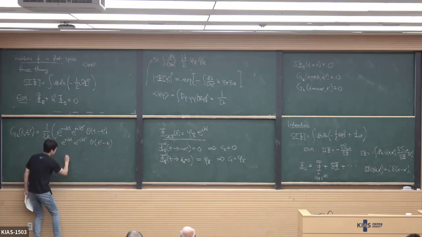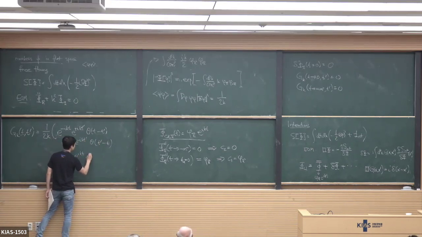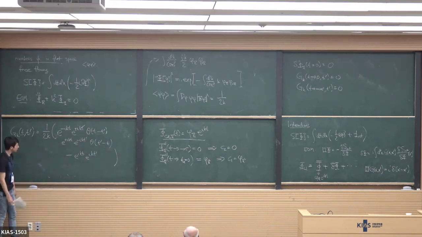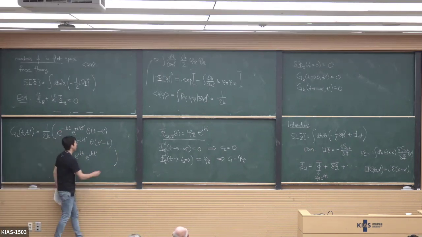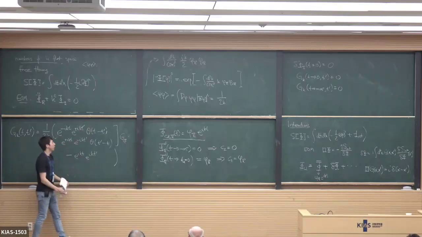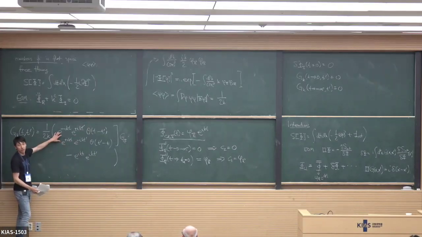And then you get an extra term, which looks like this, without the theta function. So here, the two terms that contain the theta function are actually what we have for the usual Feynman propagator, just expressed in this time representation.